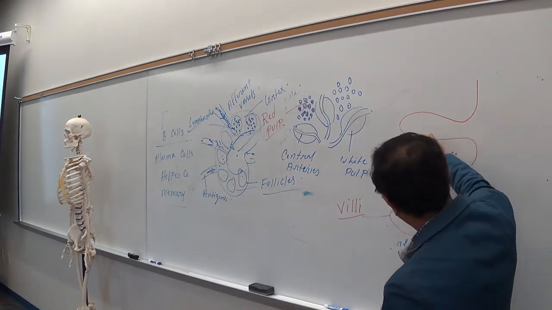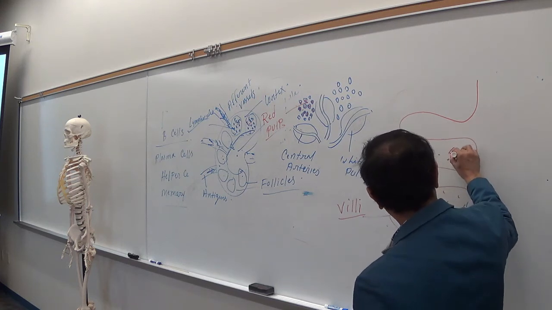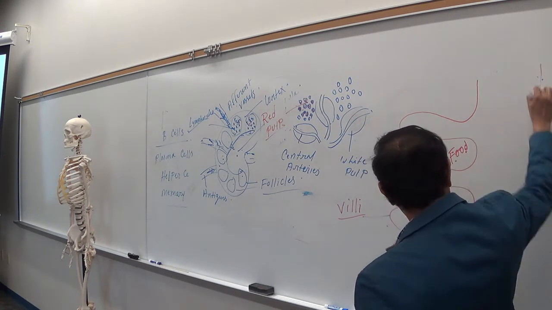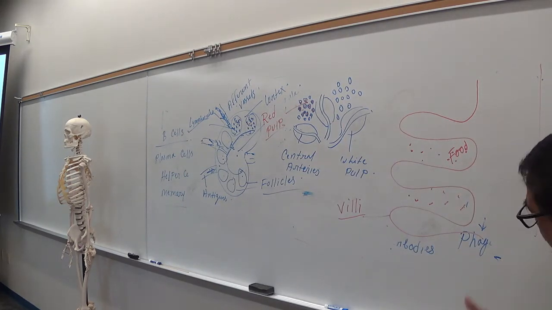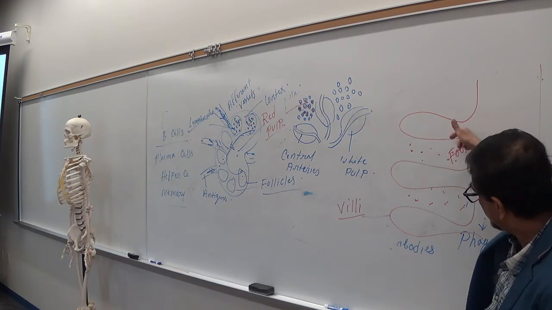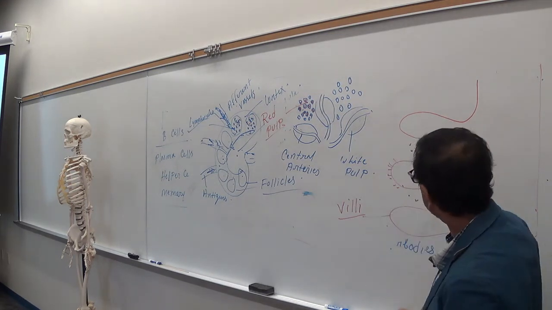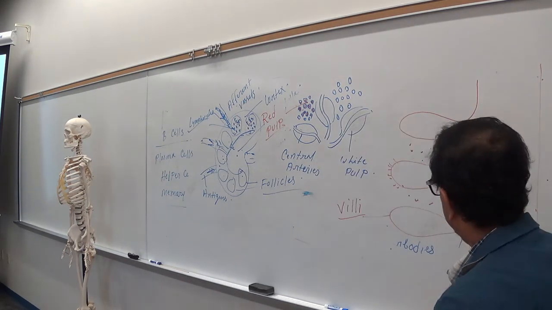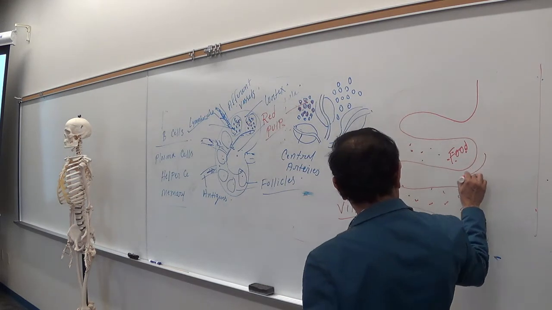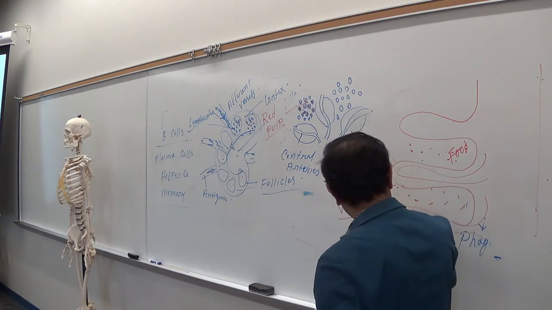And your food stuffs are here. Proteins, carbohydrates, fats. Food. And this is the wall of the intestine. So from the wall, you have finger-like structures called villi, and you have microvilli here too. Anyway, so the blood capillaries enter into the villi.